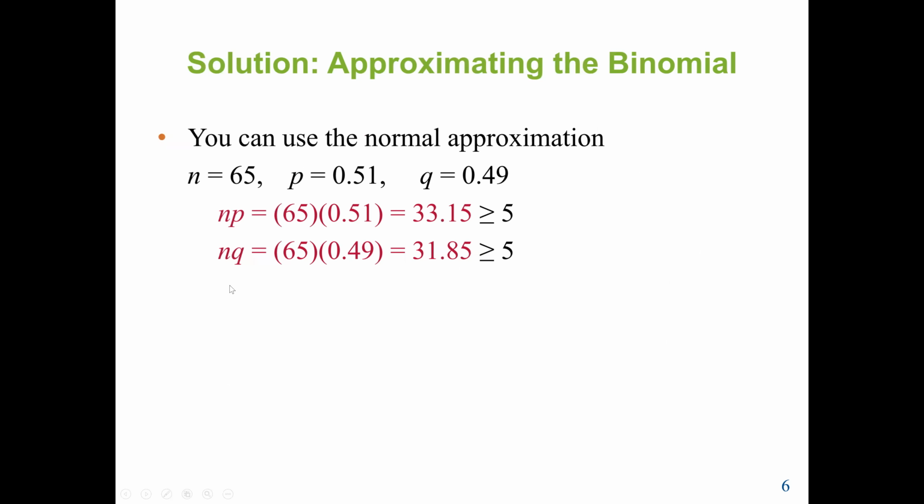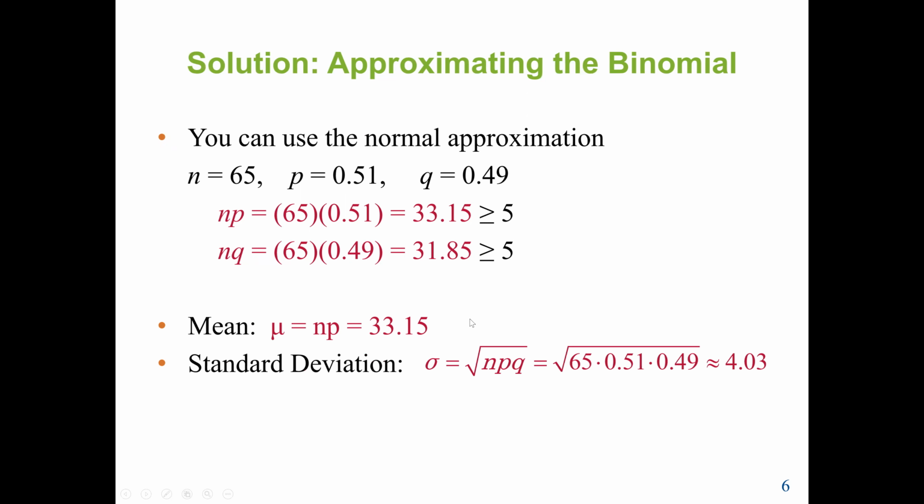NQ is 65 times 0.49, which gives us 31.85. So the mean is 33.15 because the mean is NP. The standard deviation is the square root of NPQ, which is 65 times 0.51 times 0.49, and approximately it gives us 4.03.